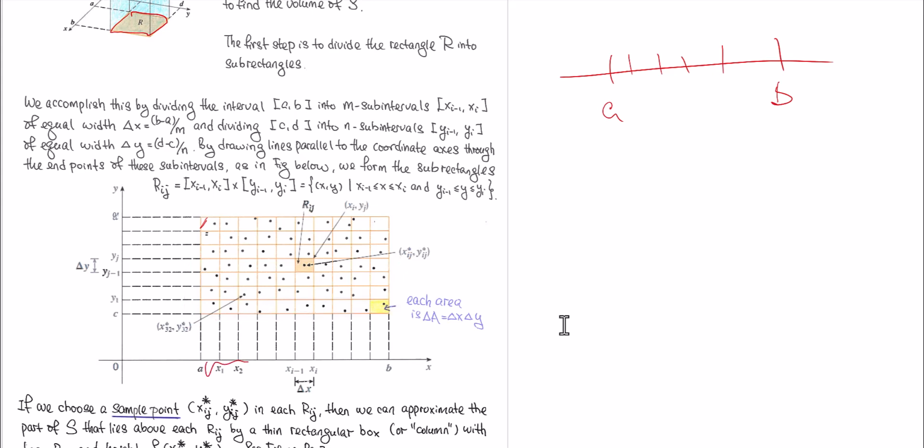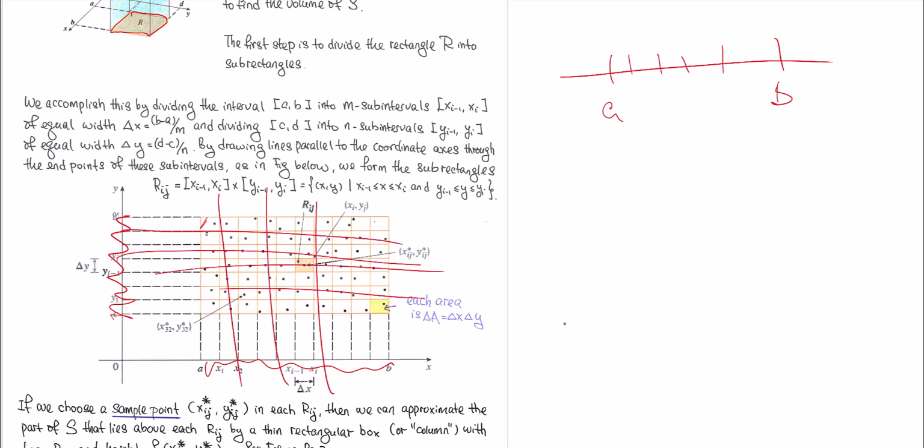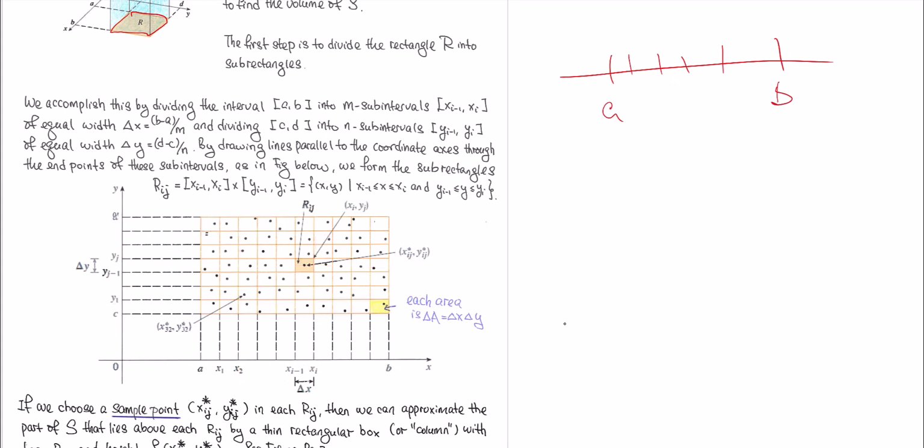So the original rectangle is like that. I break my a and b into parts, sub-intervals. I break my c and d also into sub-intervals. And then you look at what happens if you make this horizontal line and this vertical line. Now you can see that the original rectangle is being partitioned into smaller sub-rectangles.